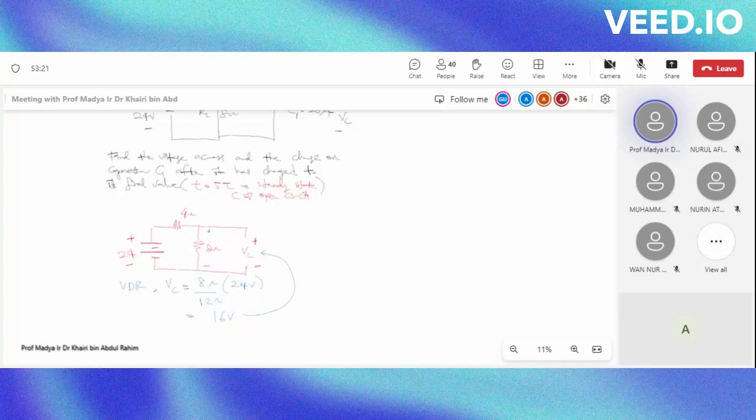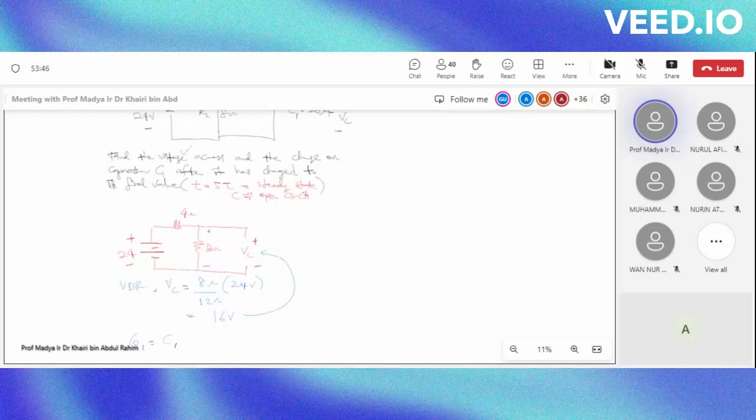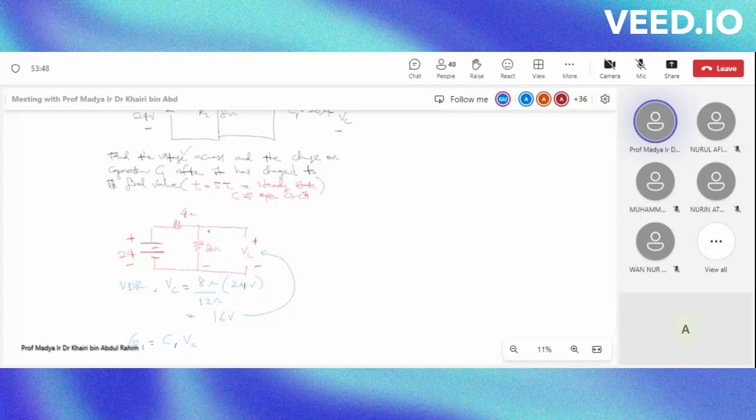And the question later asks you, so this one done. It asks you what is the charge on capacitor C1. So it's easy. Charge C1 equals to C1 VC. So C1 is already given, VC you have already calculated.